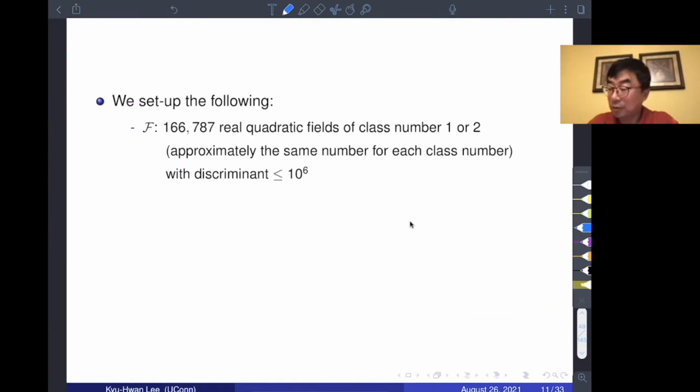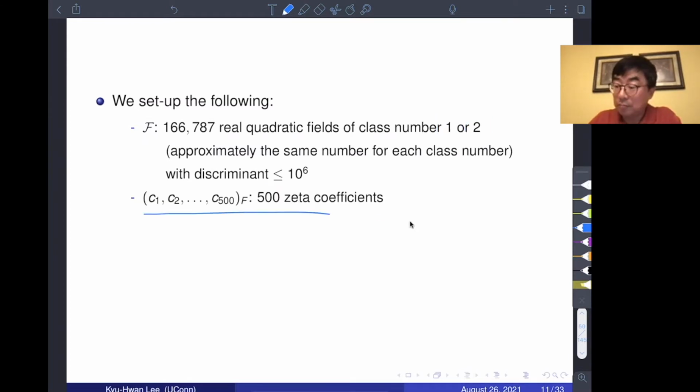So we set up the following. The data set has about 166,000 real quadratic fields of class number just 1 or 2. And then we put approximately the same number of each class number. The discriminant is less than or equal to 10 to the 6, 1 million.